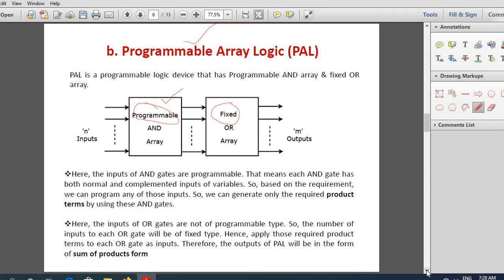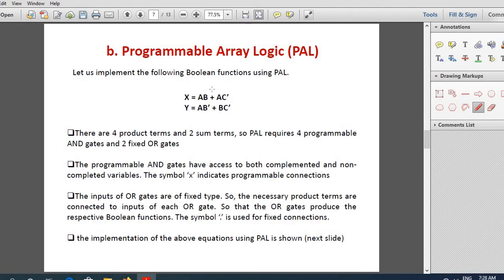Just wait. Look here. We need to implement these two functions using PAL. So how many product terms are here? A, B, AC complement, AB complement and BC complement. 4 product terms are there, and how many sum terms? This is one sum term, this is another sum term. You need 2 OR gates and 4 AND gates. Okay.